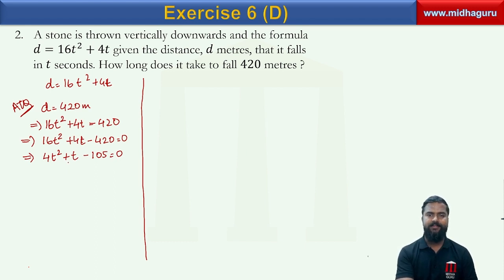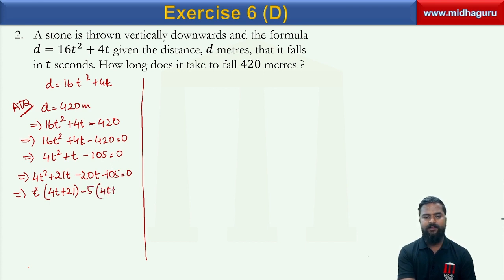So we have to split 10t such that the product is equal to minus 105 into 4, which is minus 420, and the sum is plus 10. So we'll write 4t squared plus 30t minus 20t minus 105 is equal to 0. Here, as there is nothing else to take common, I'll take t as common. So 4t plus 21, and then I take minus 5 as common.